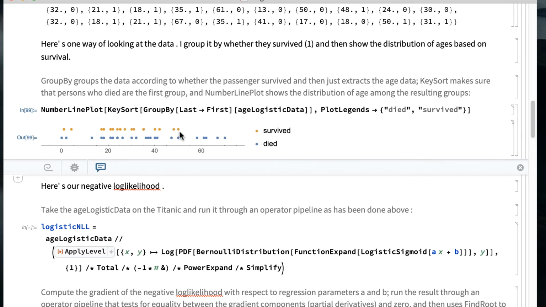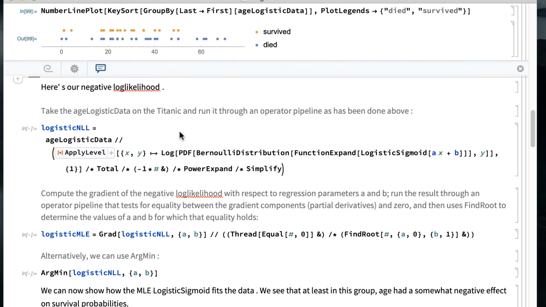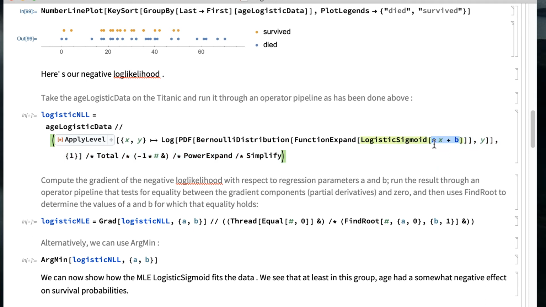So what I can do now is calculate the negative log likelihood of seeing this data. So let's go through it. I'm going to take a logistic sigmoid, which is symbolic and has parameters a and b in it, and we're going to multiply the x value of our data by a and add b.